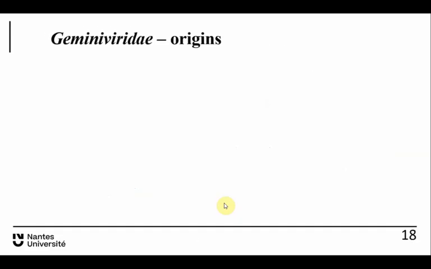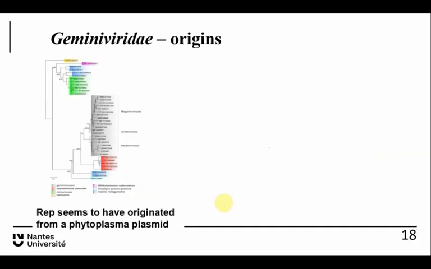And the rep protein also seems to be related to some proteins that are encoded in bacterial plasmids that facilitate the plasmid replication inside the bacteria.